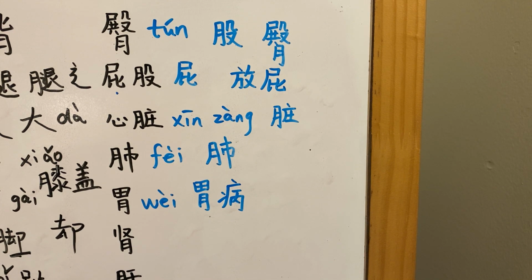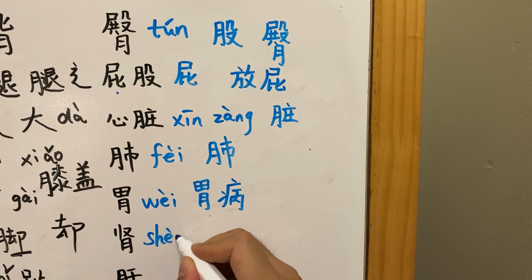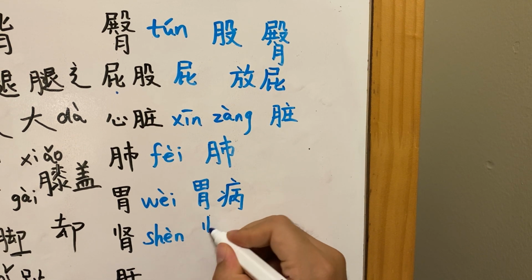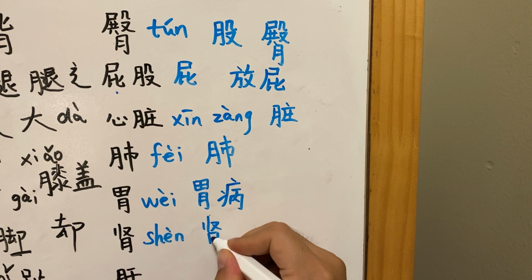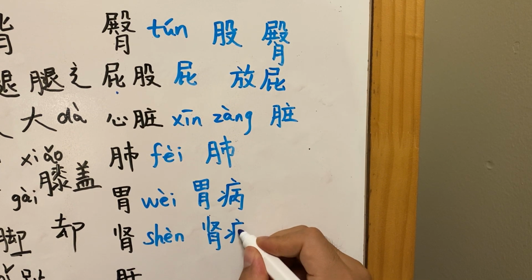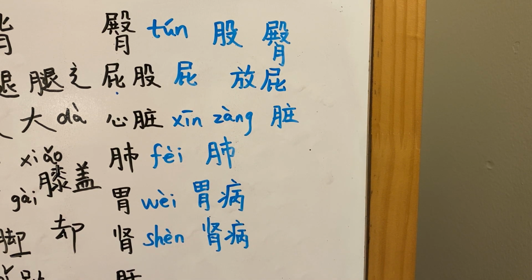Okay, the next one, 肾. Yeah, it's kidney, your kidney, 肾. A lot of people have illness in their kidneys. 肾病. Right, 肾.